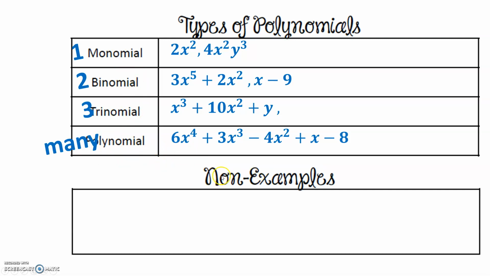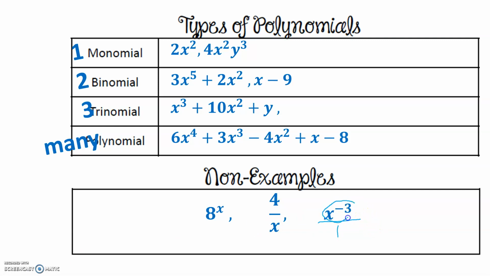Now, you'll remember that for monomials, in order for it to be a monomial, you cannot have a variable in the denominator. And remember, this one doesn't count because if we use our negative exponent rule, which I'm sure you guys all remember, right here, this is not a fraction, so we're going to go ahead and make it one.